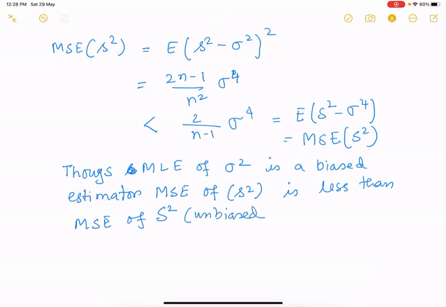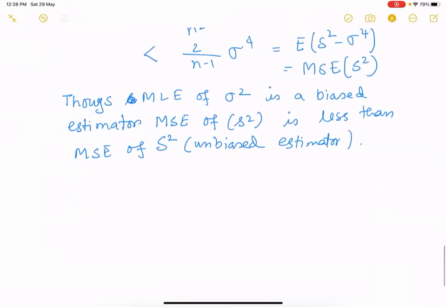What does it mean? It means that in the MLE, we are doing a little trade-off between bias and variance.